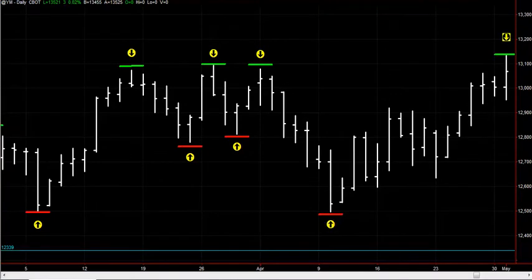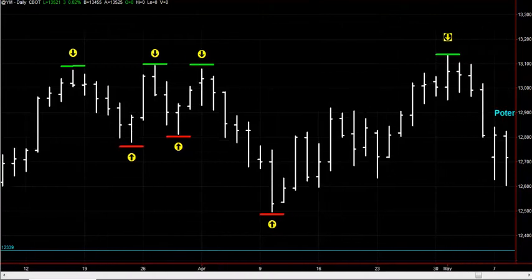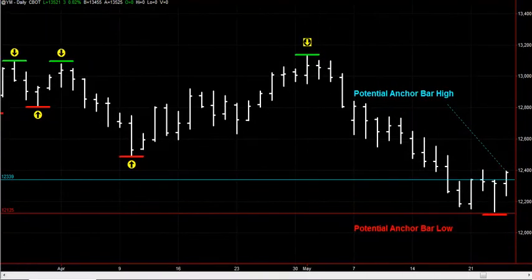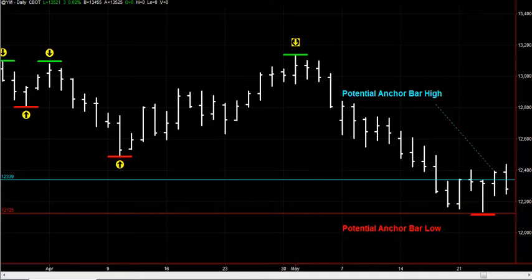Okay? So the question then becomes, well, now we have to find a low, and eventually it comes in that format, and immediately after we've established a low, the next thing we have to do is look for a high bar.